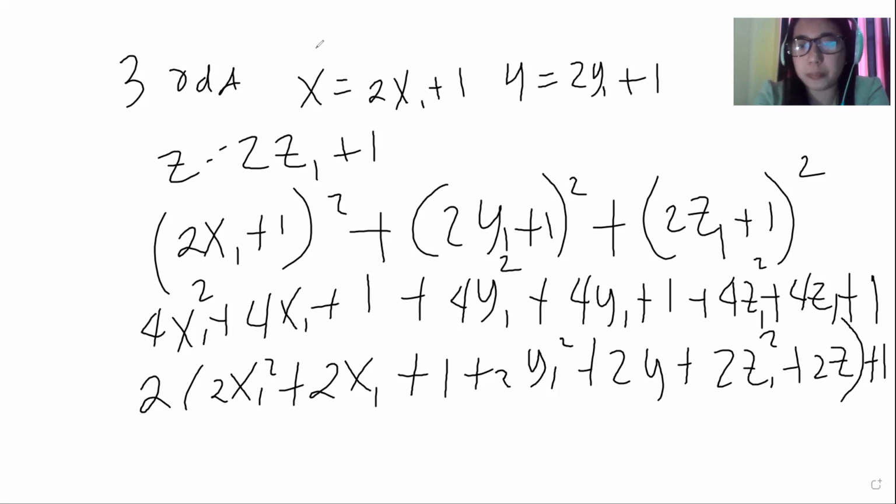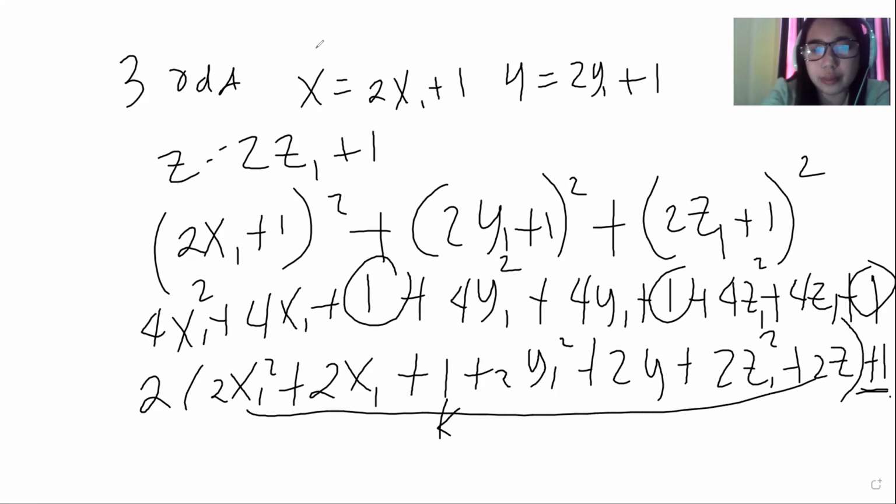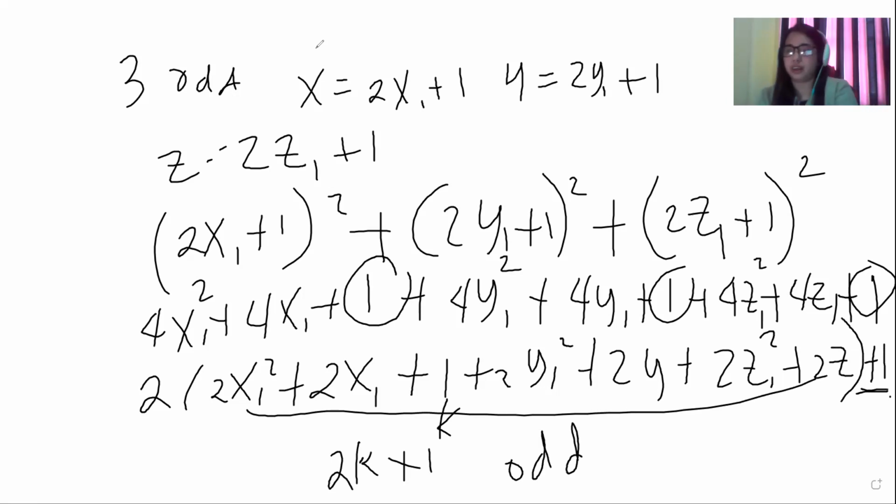Because, of course, 1 plus 1 is equal to 2, so we have an extra 1 here because we have 1, 2, 3. So we have an excess of plus 1. And if we let this be equal to k, then this is in the form of 2k plus 1, which means the answer is an odd integer.